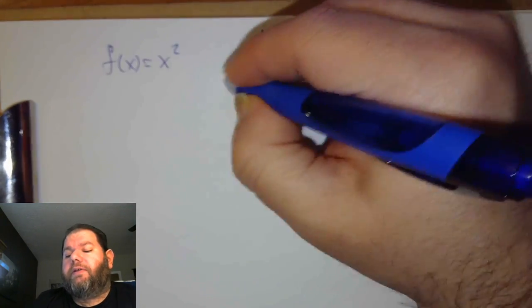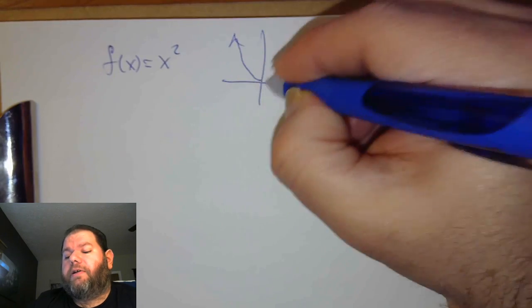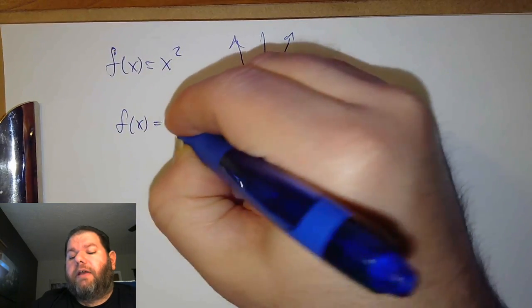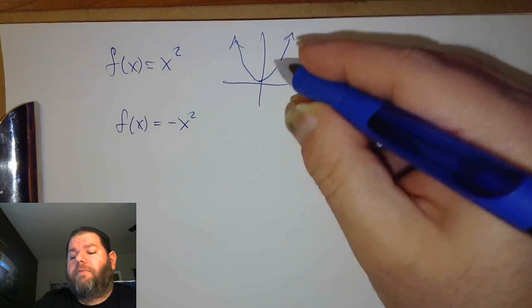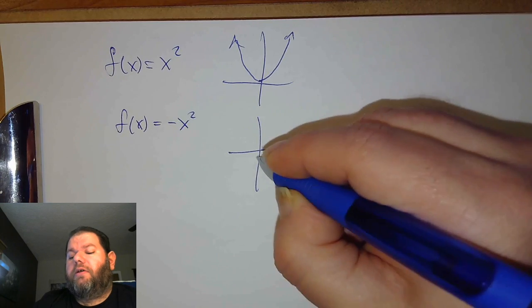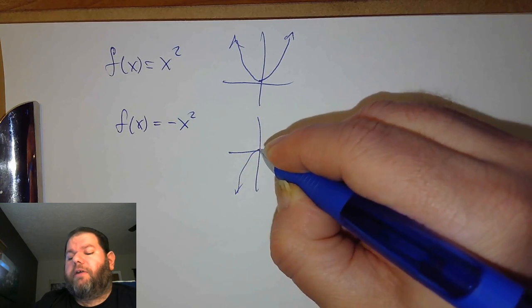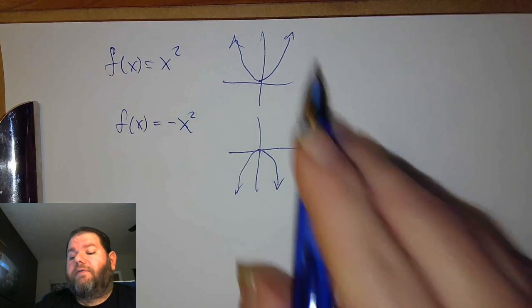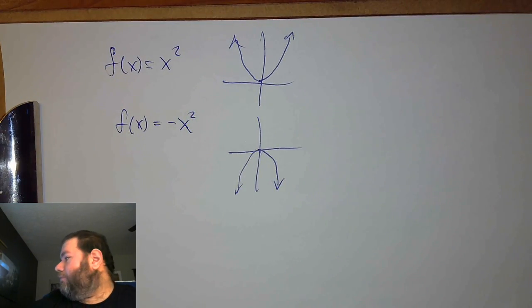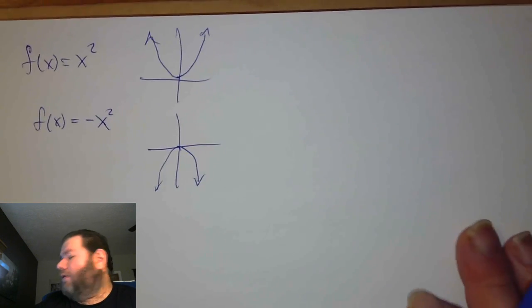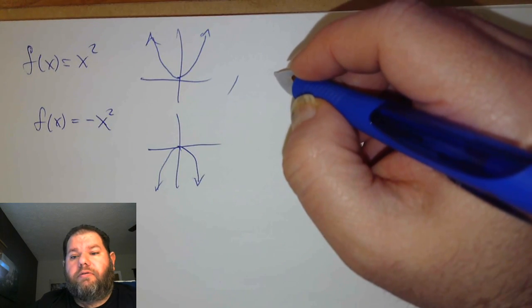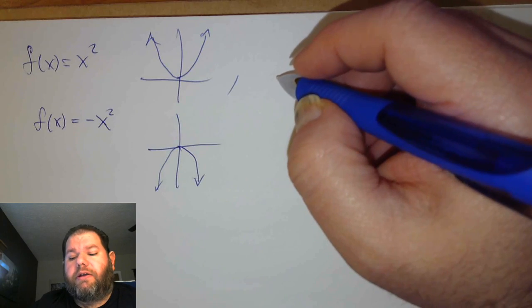We know we had this graph, just a basic parabola. And if we had f of x equals negative x squared, that flipped it down to the bottom. So it's just the same parabola, but now going the opposite direction. Instead of up, it goes down. And that's a vertical reflection.